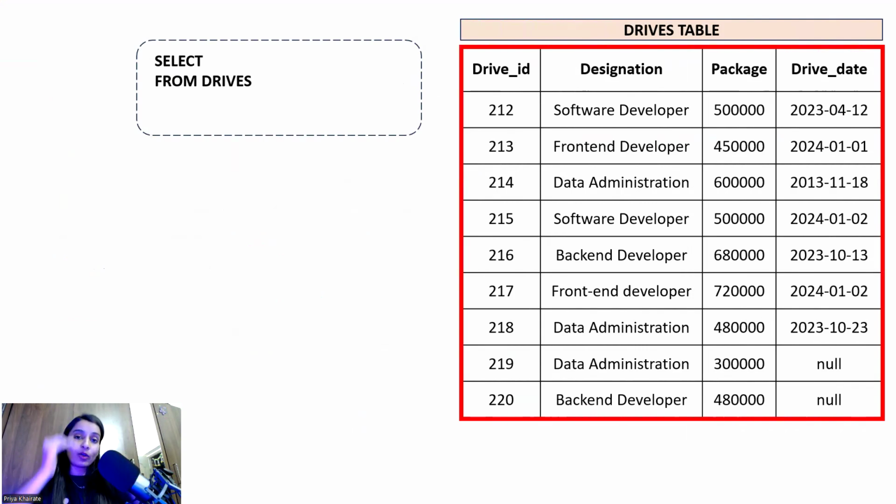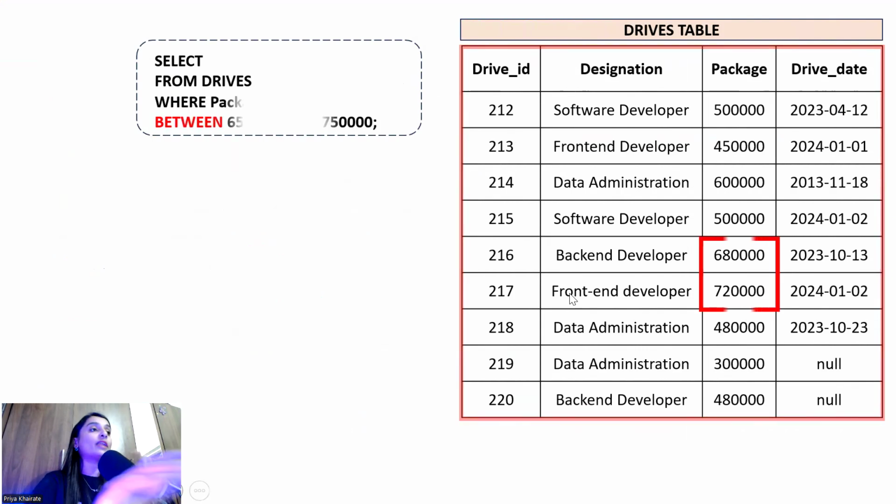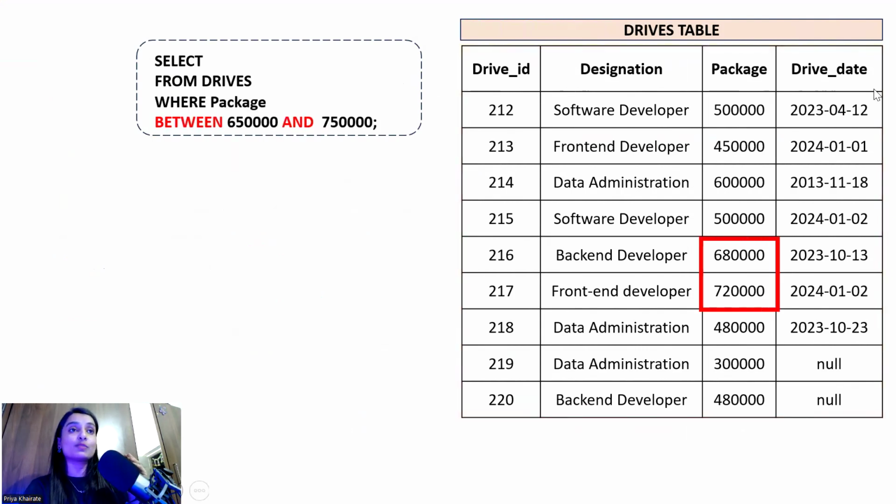Now all the records you want to select, means all rows? No. Wherever the package is between 6 lakh 50,000 and 7 lakh 50,000, then we have to consider that row.